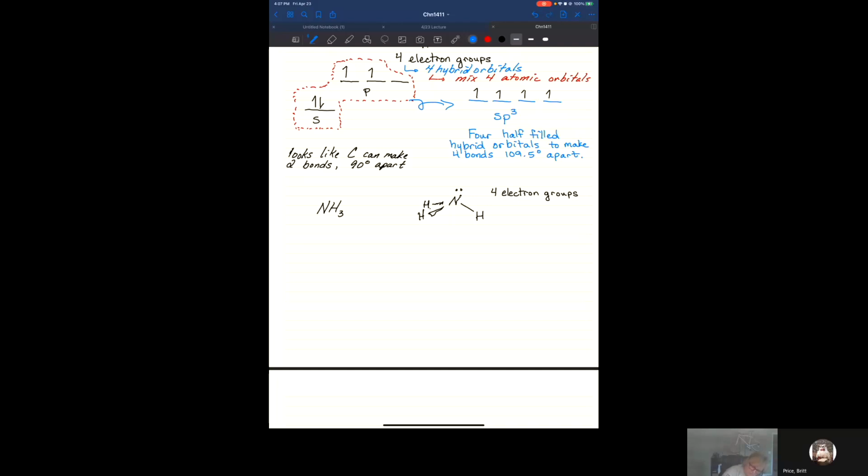Four electron groups, 4 hybrid orbitals, means I'm going to mix 4 atomic orbitals.